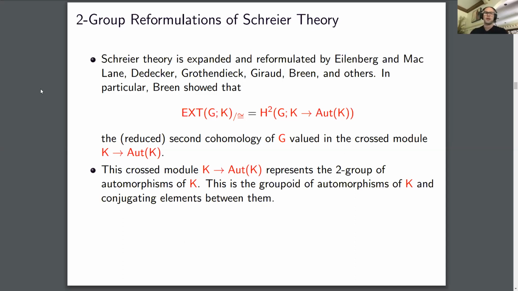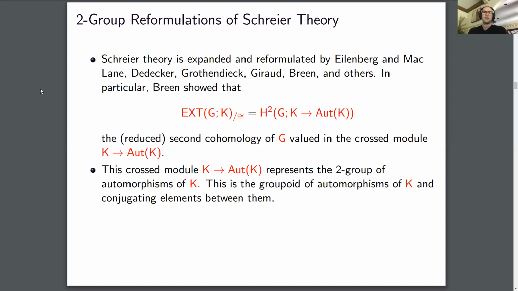Grothendieck brought it to sheaves. Giraud understood it as a form of non-abelian cohomology, and Breen did a lot of things with it. In particular, Breen showed that the isomorphism classes of all extensions can be understood as the reduced second cohomology of G valued in a crossed module.